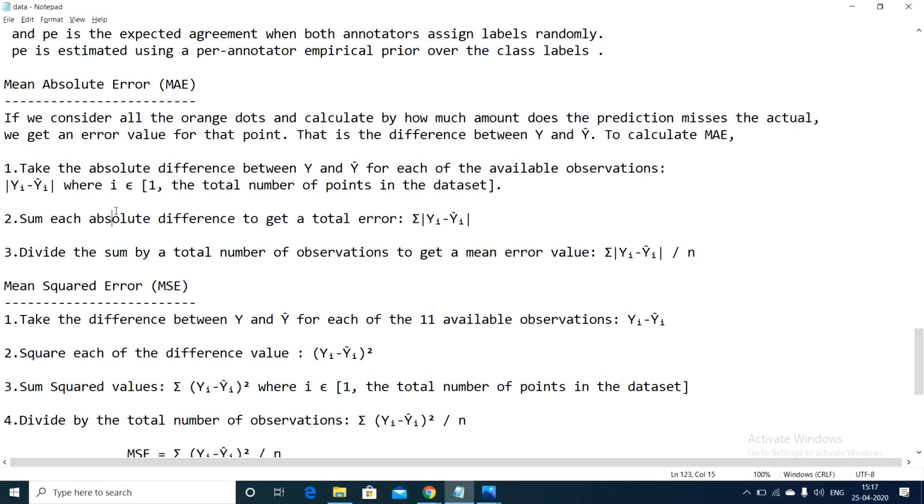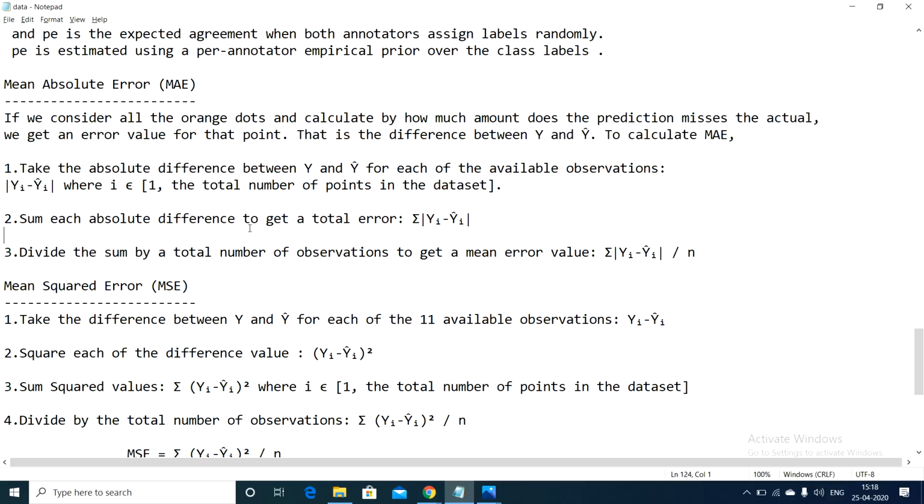We need to find the differences and apply the ABS function. After applying that, we need to sum the absolute differences to get the total error. If you have 10 observations, after finding the error for each and every data point, we need to sum all those 10 errors.